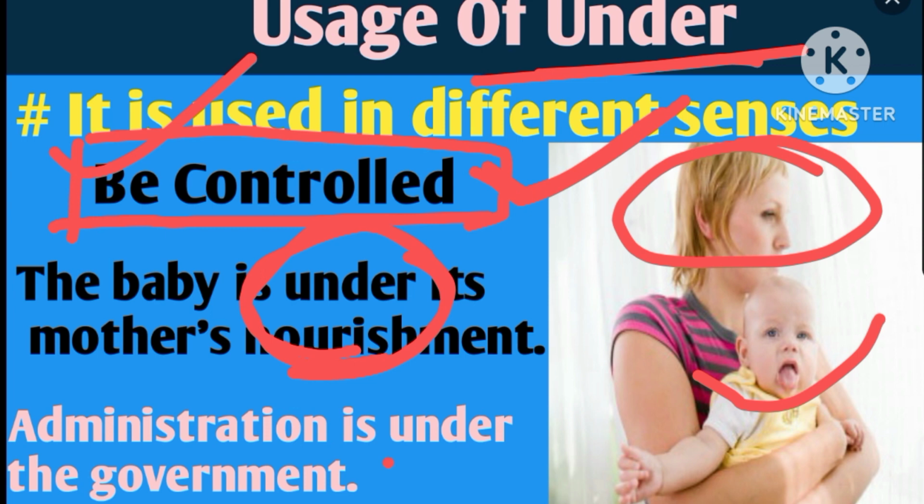Administration is under the government. That means administration is controlled by the government. So you can say under conveys the meaning be controlled. My dear friends, this is another usage of under. That means in a different sense it is being used here. Next, move on to the next slide.